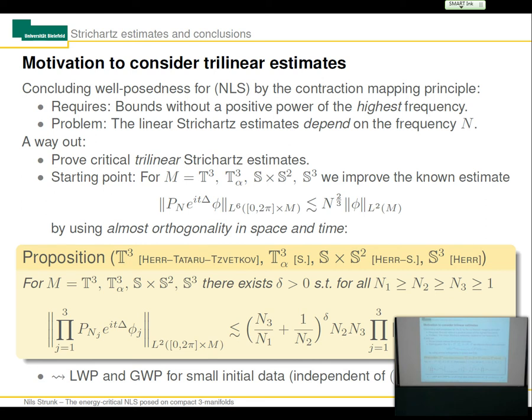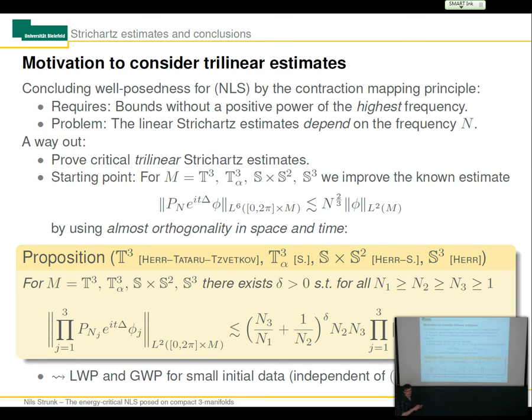So why is it an improvement? We have the product of 3 functions in L2, and so what we get is one of these factors. What is very important here is that we have only a dependence on the lowest frequency and on the second lowest frequency, and we do have a dependence on the highest frequency, but we gain something.